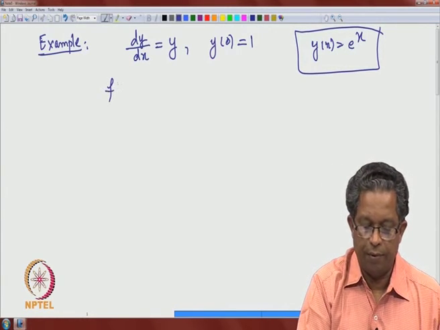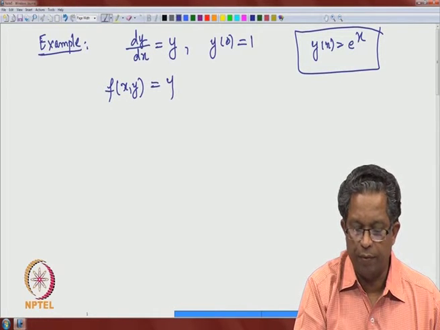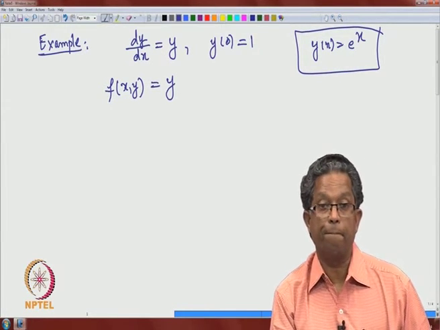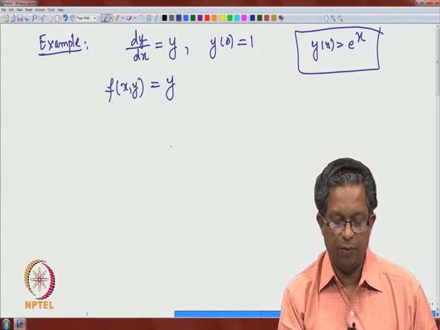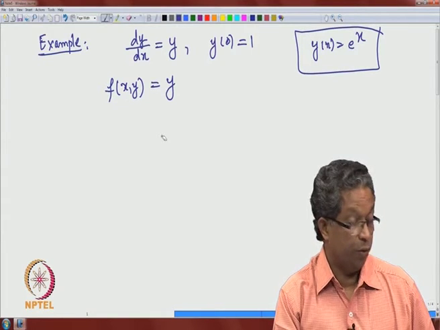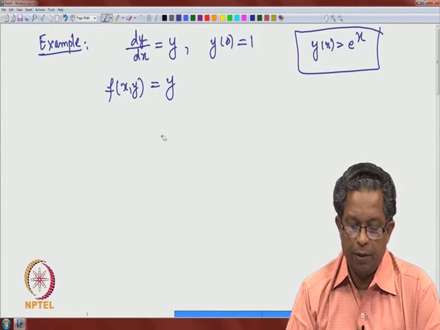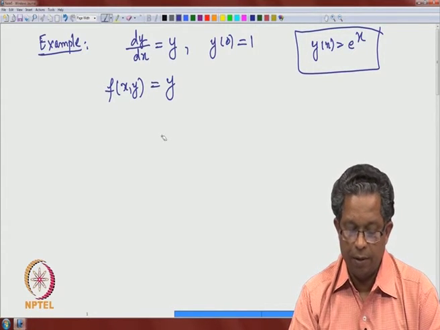Here, what is f? f(x, y) is y, which is continuous with respect to both the variables and also Lipschitz with respect to the second argument, so it satisfies all the properties.